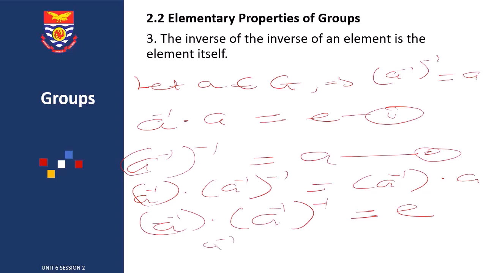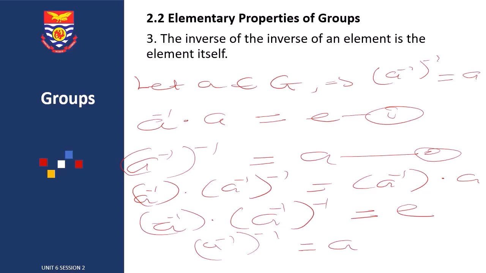That is, the inverse of the inverse of A is actually equal to A, which we can deduce from equation 1. When this is established, it proves that the inverse of an element's inverse is the element itself. The proof is very simple, though you can also use alternative proofs.